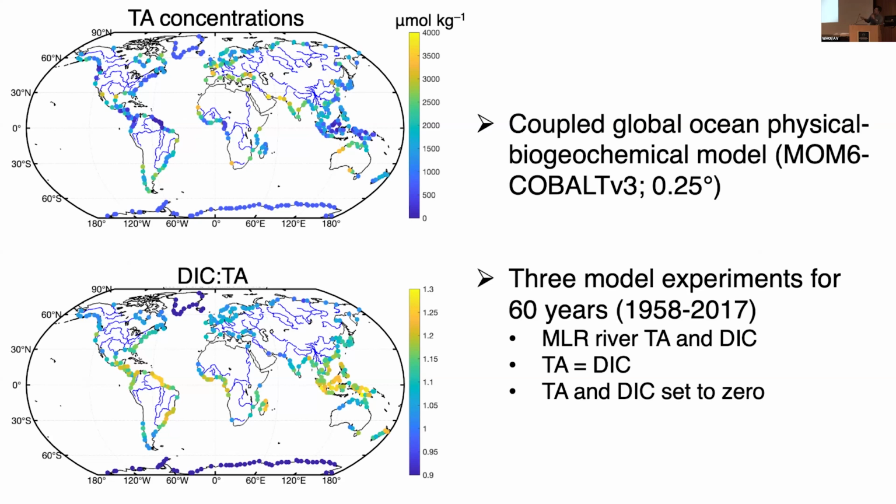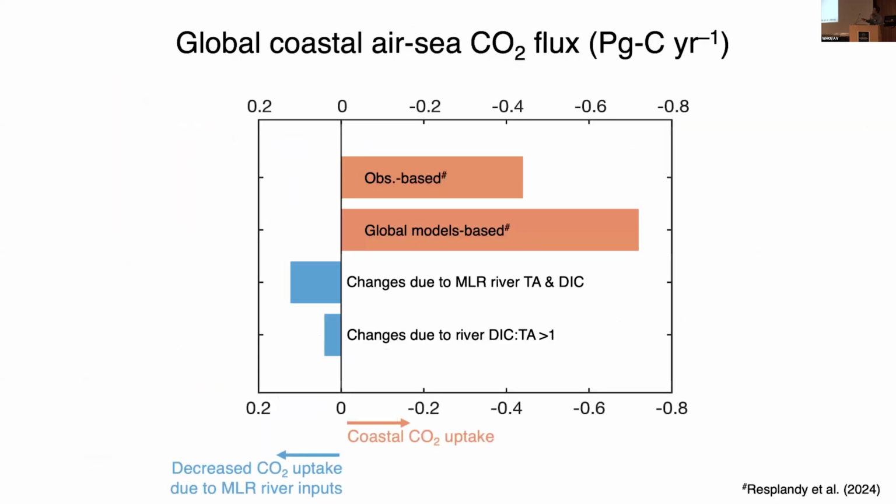With these two products, we ran some global model simulations, and then tried to look at the change in coastal air-sea CO2 flux if we use different river forcing. On this slide, I want to navigate you to the first two bars first.